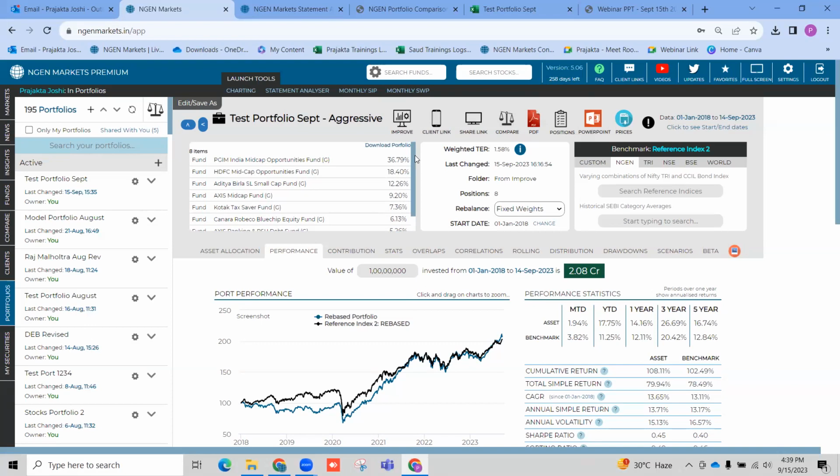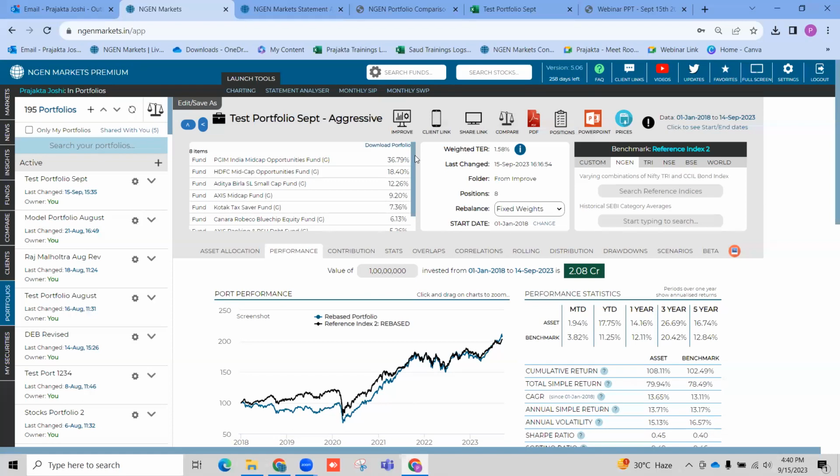Maybe if you have enough equity funds in there, we can use it for equity allocation. But the ceiling will have to be driven by the funds that you've provided us. Just to give you an example, if you asked NGEN to give you a recommendation of a list of funds where 30% is in equities, 30% in debt, etc., we could probably pick the right funds and fill those buckets.